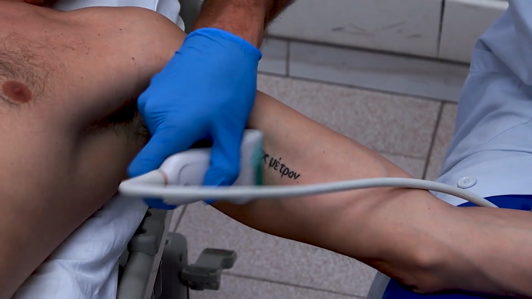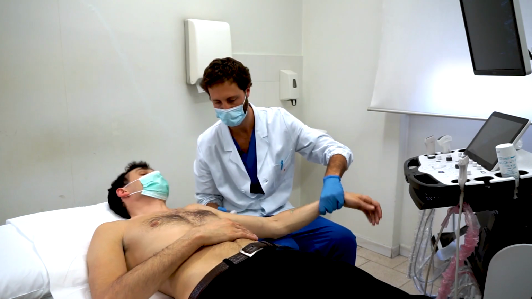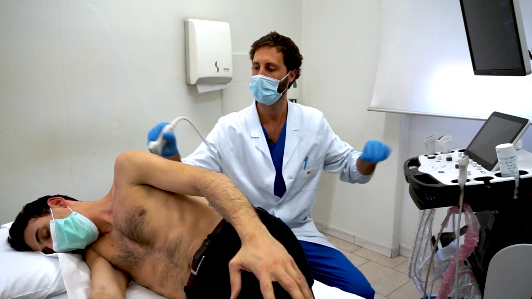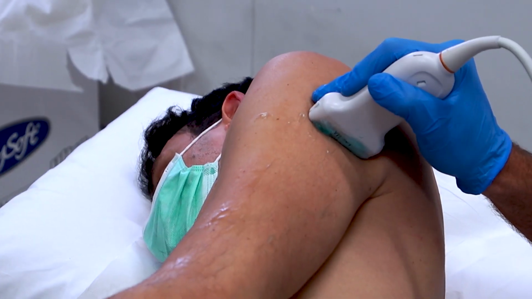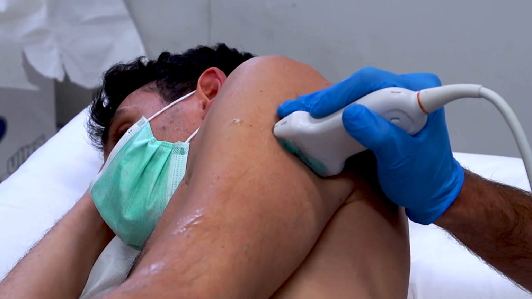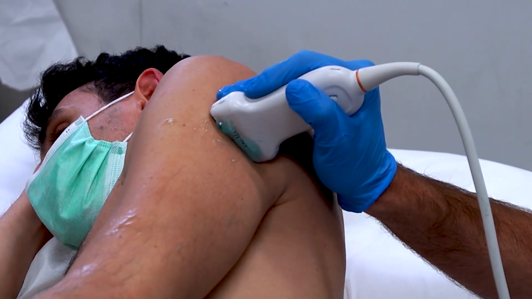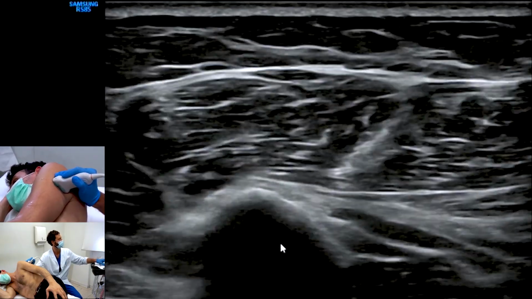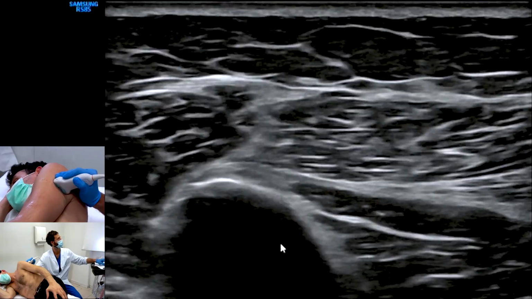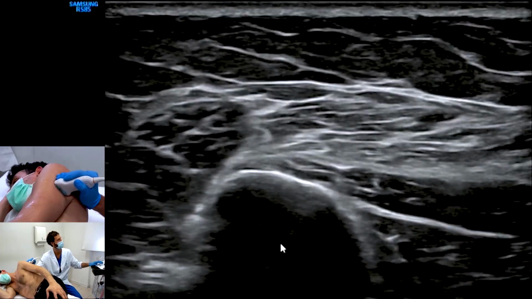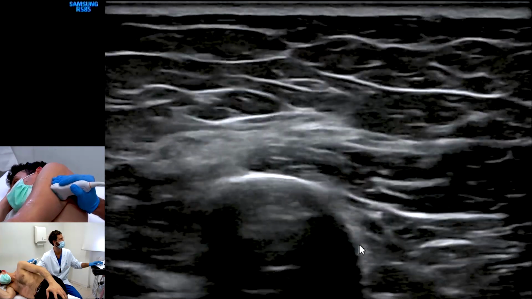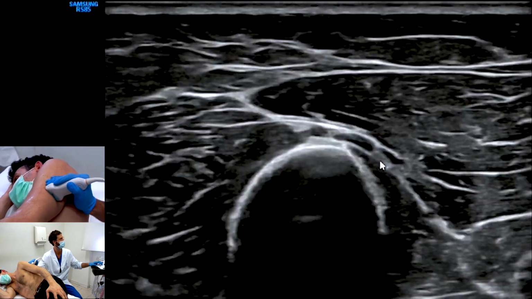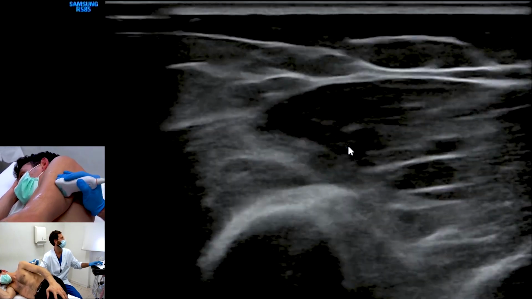So we ask our patient to change position and we place the probe on the posterior aspect of the upper arm in short axis, following the humeral shaft, because the radial nerve in the posterior compartment has a medial to lateral direction and crosses the spiral groove at the mid-proximal part of the upper arm.